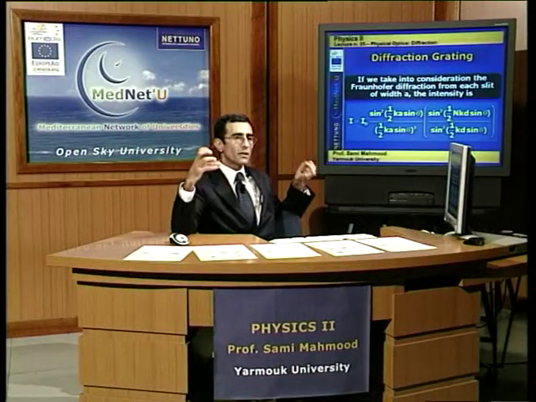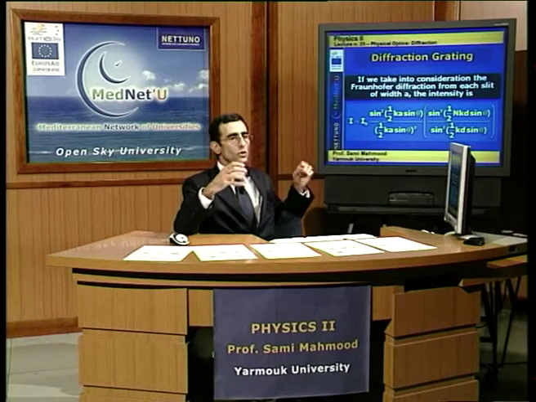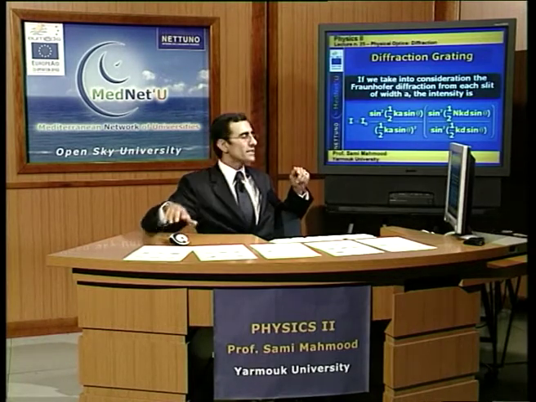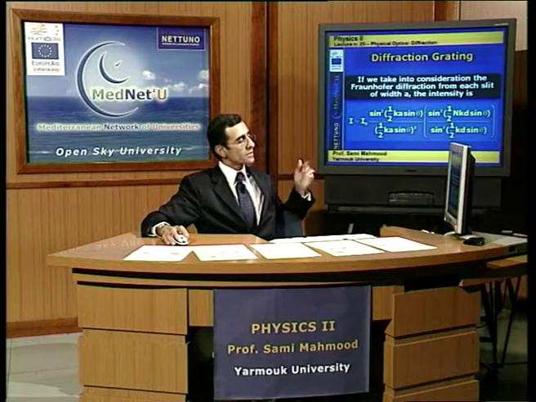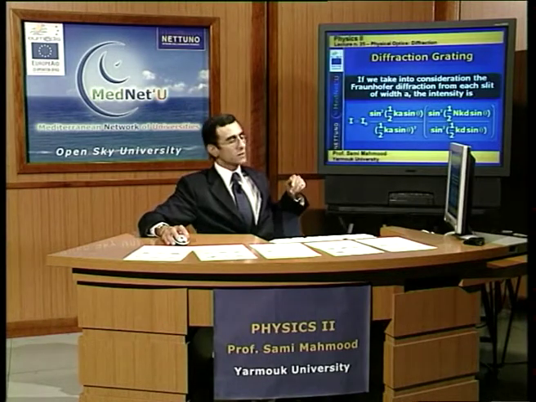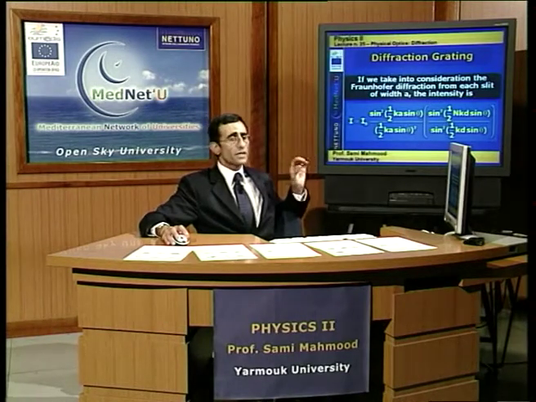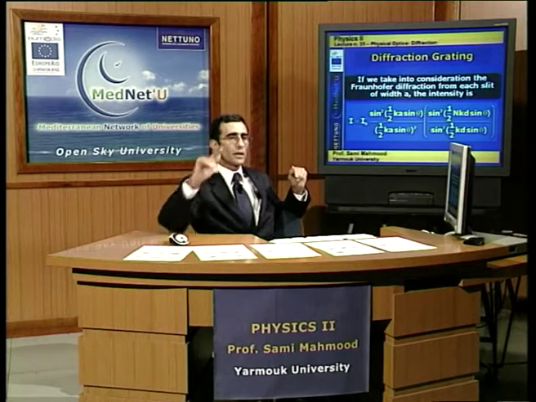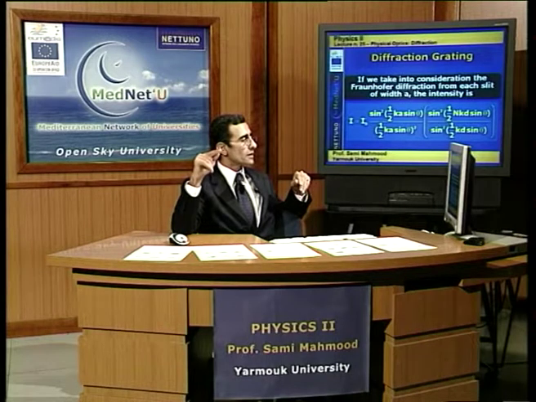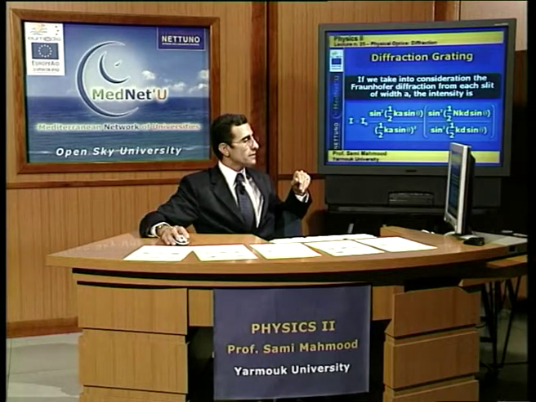The multiplication of these two terms gives the total intensity modulation in space of the signal. So this complicated looking result gives the intensity variation of the light in space.